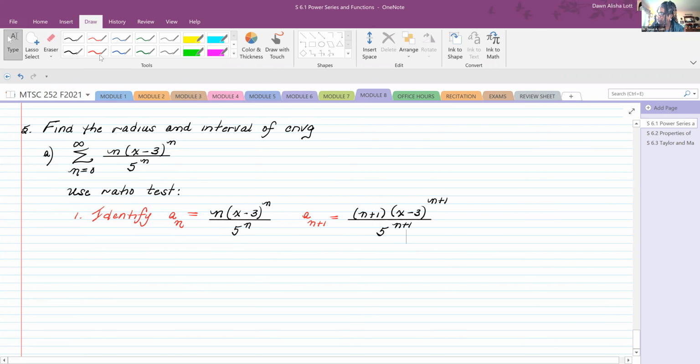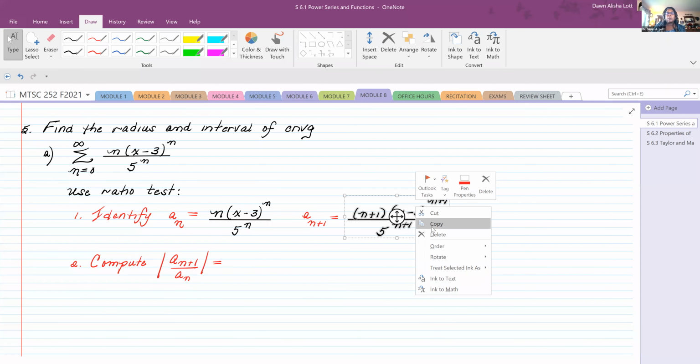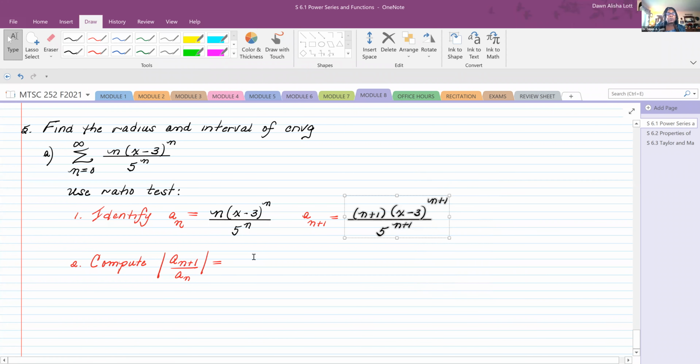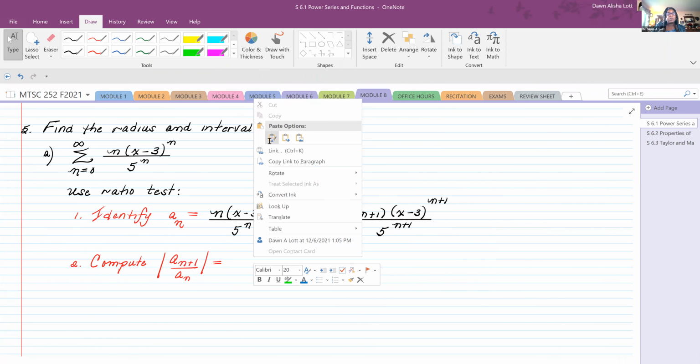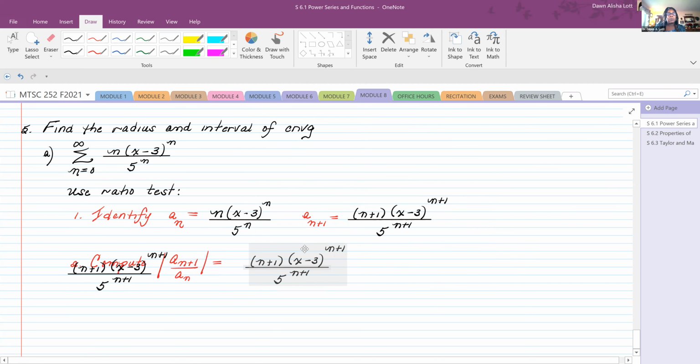Okay, so we need to then compute the absolute value of a_(n+1) over a_n. So that means I'm going to take this term, that's a_(n+1), and then I'm going to divide by this term.